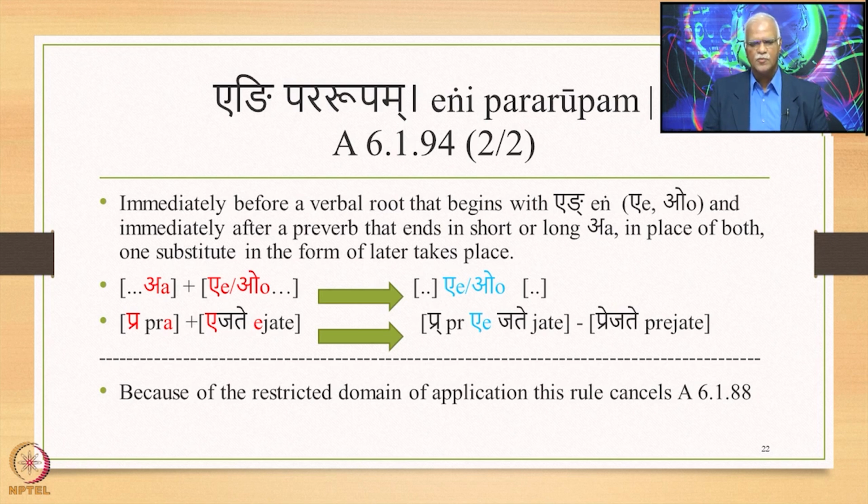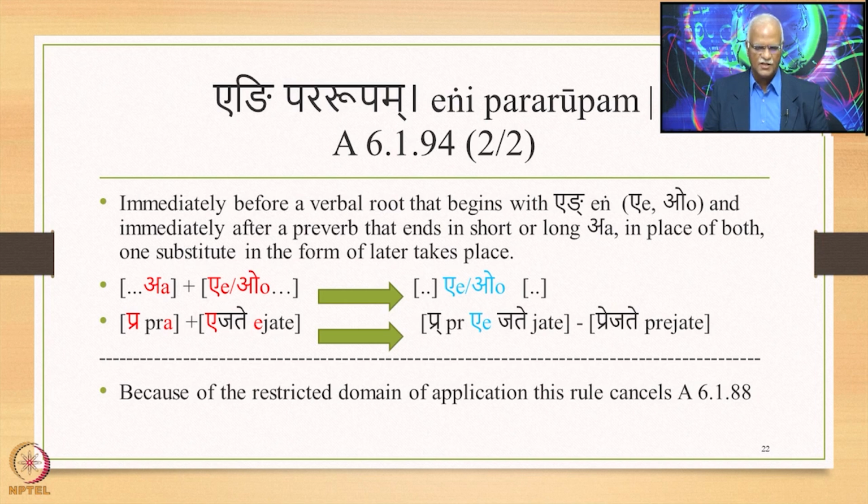This is the remaining part of the preverb, and in place of a and o, the latter, that is a or o, is the substitute. So a or o remains over here and this is the verbal root. This is the output generated, and here is a concrete example.